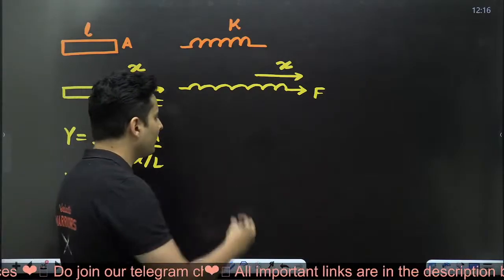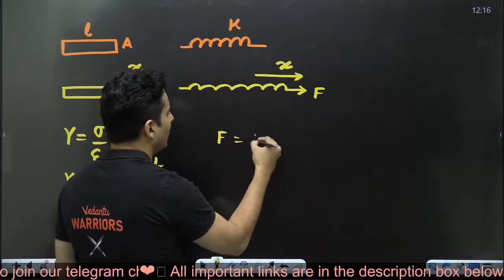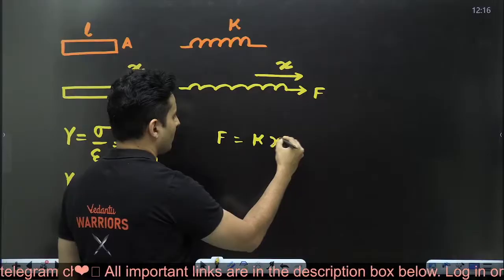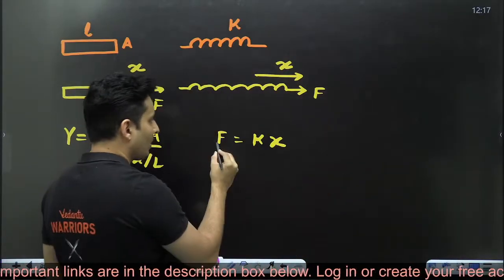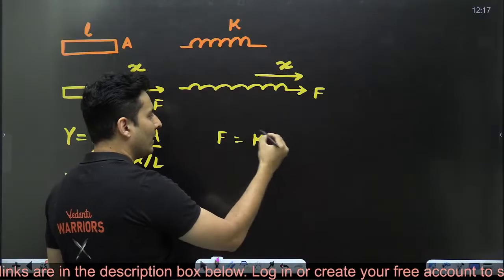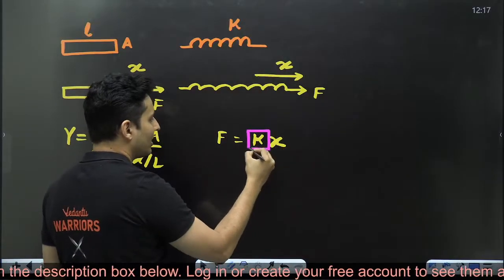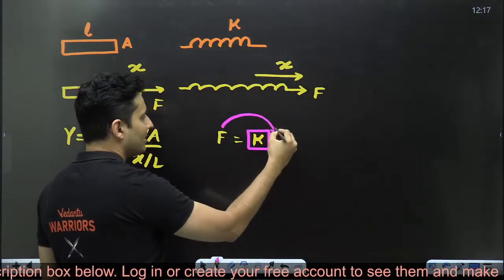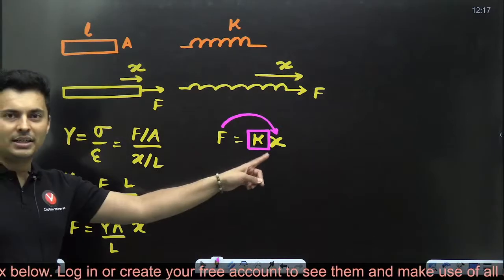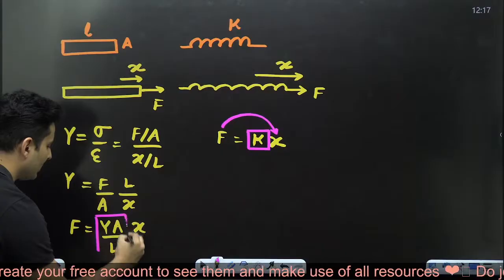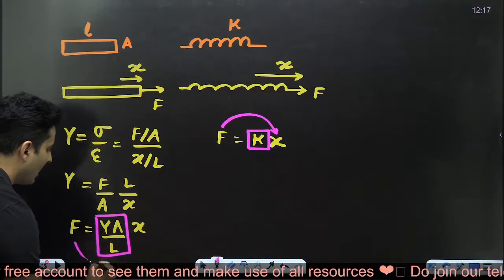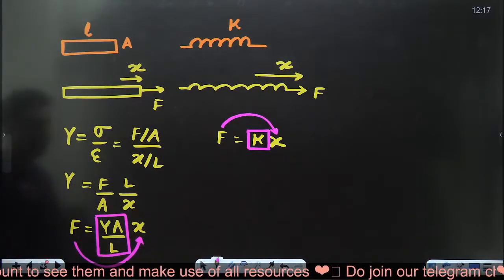But for the spring, I can just say F is equal to K into X. Now comes the real comparison. Force is directly proportional to X and the constant of proportionality is K. Look over here. This is the constant of proportionality, and the force is again proportional to X only.